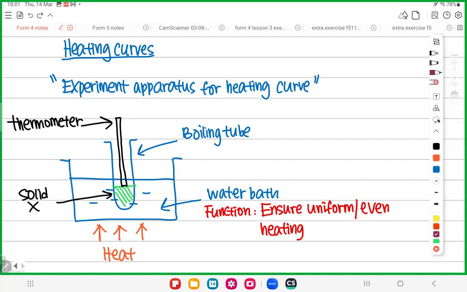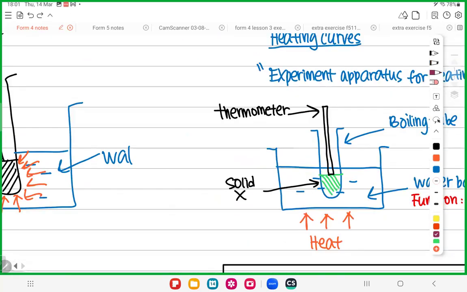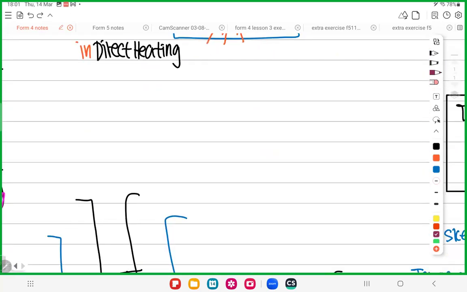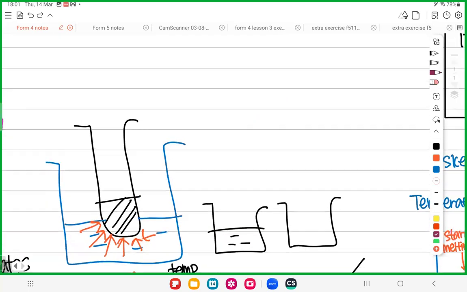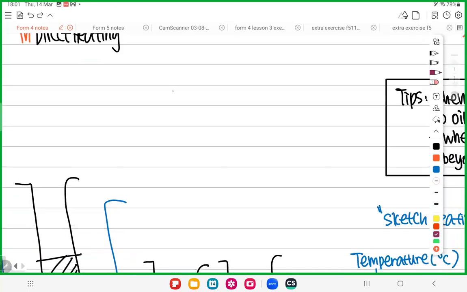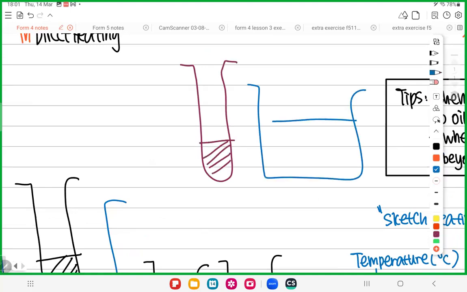Okay. Now there are a few things you need to know. When you use a water bath, there's a skill. Let's say this is the water, guys. Let's say this is the water level.